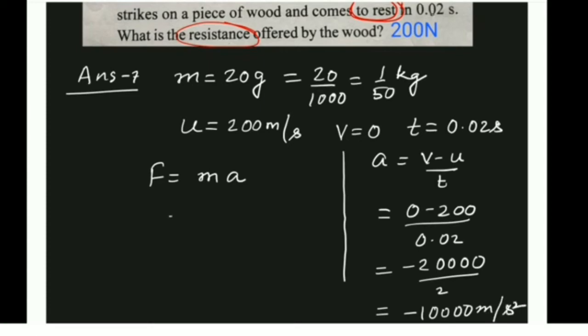Now mass is 1 upon 50, and the acceleration we just found is 10,000. If you cancel, the final answer is coming minus 200 Newton.